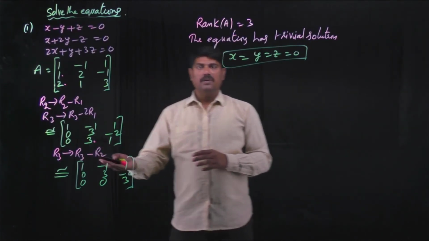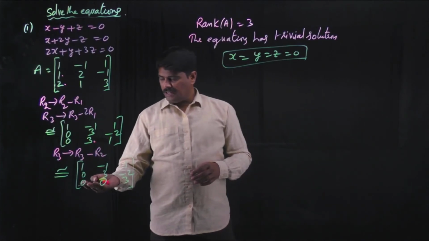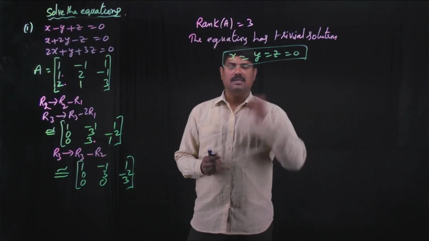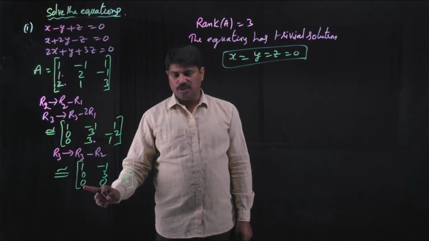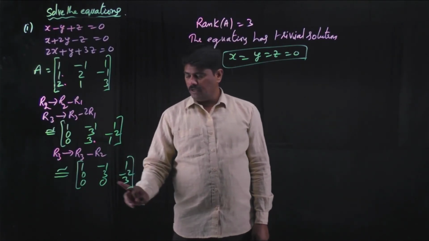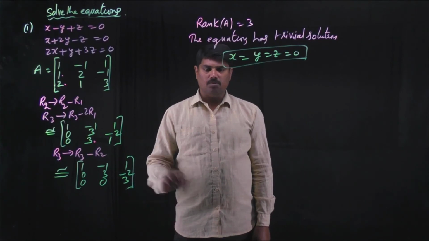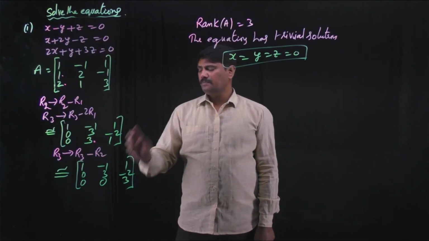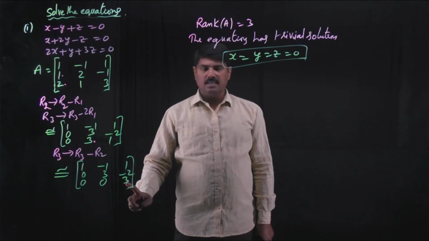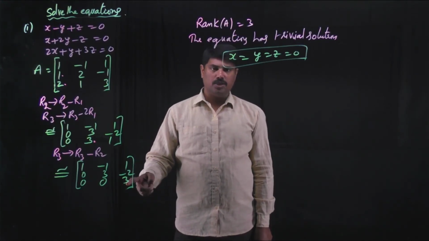If you convert the matrix into equations again, you will get this answer: x 0, y 0, z 0. Observe, making the third row an equation: 0 into x, 0 into y, 3 into z is equal to 0. Constant matrix elements are all zeros. So 3z is equal to 0 indicates z value 0.